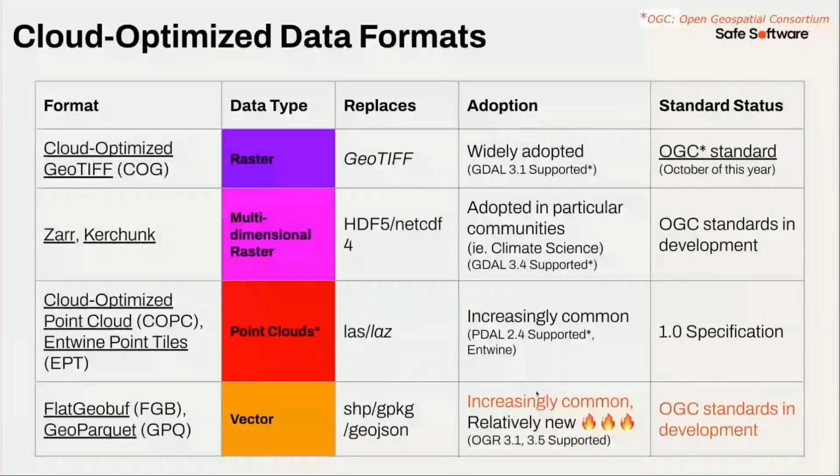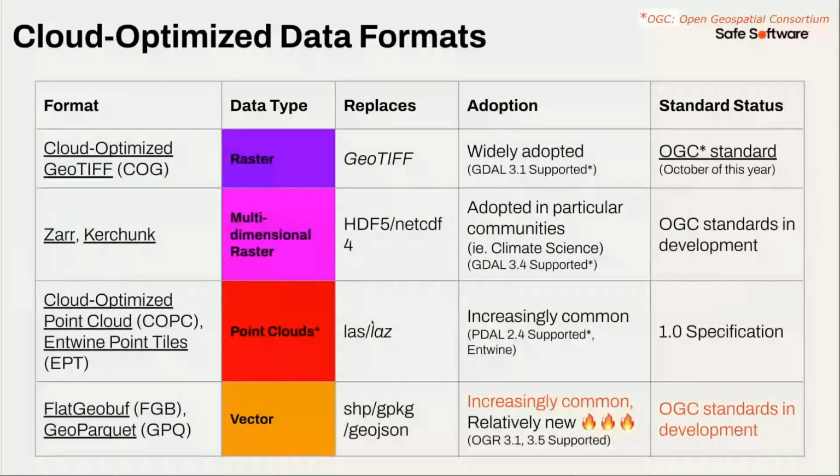And each of these data formats actually has been around for some time, at least somewhere in the last decade, if not earlier. But they have a replacement for a more traditional format. So the Cloud-Optimized GeoTIFF replaces the GeoTIFF. Zarr and Kerchunk are replacing NetCDF or HDF5.